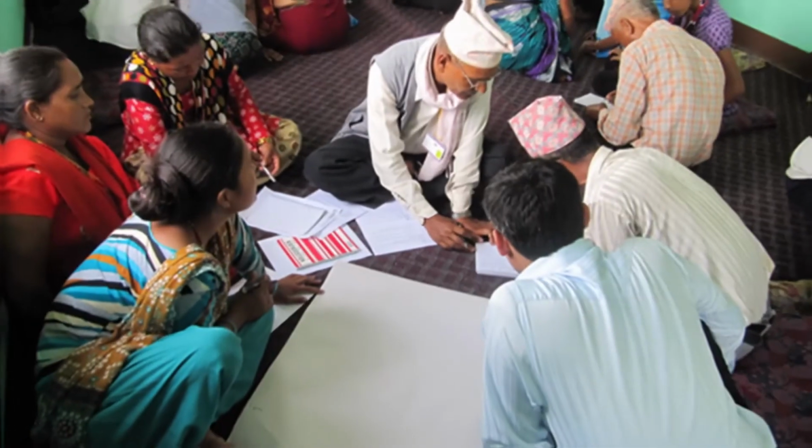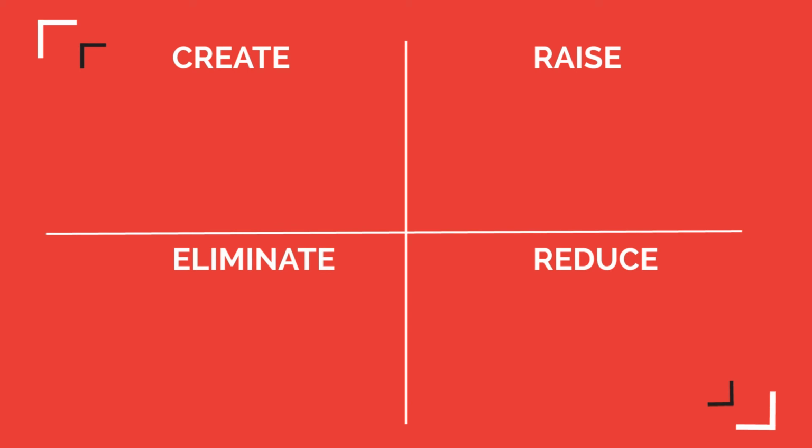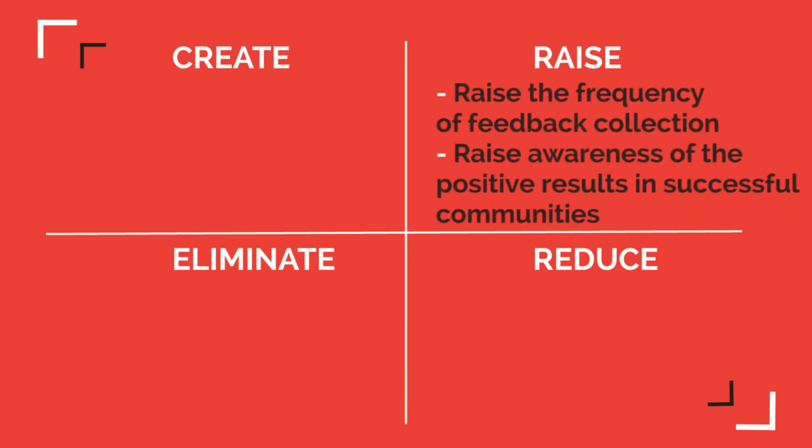Adapt. In Nepal, they reconvened actors and focused their conversations on ways to tackle rules. Do you remember what tool you can use to facilitate this conversation? That's right, the 4 actions. System actors in Nepal used it to come up with this list.